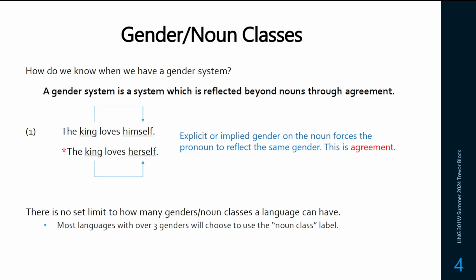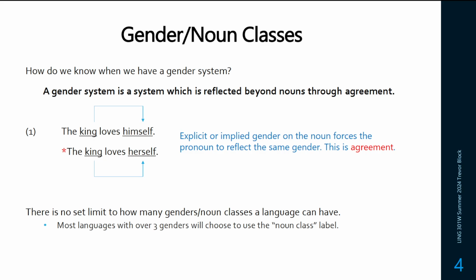So, what is a gender system or a noun class system? It doesn't necessarily have to do with masculine, feminine meanings, but rather agreement. A gender system comes from an agreement system. What this means is that the noun has control over some other word in the sentence, and it's fixed. If we have this noun, we're going to need this gender marker on some other word that is not the noun.